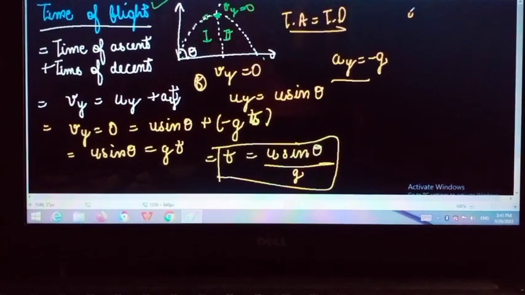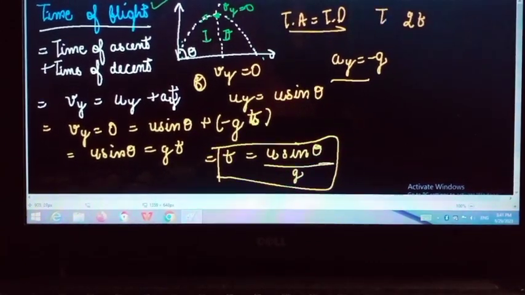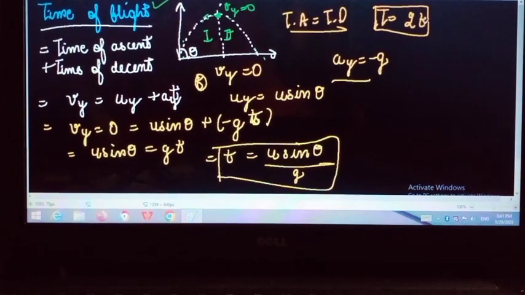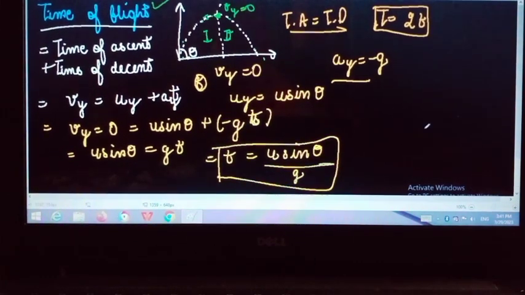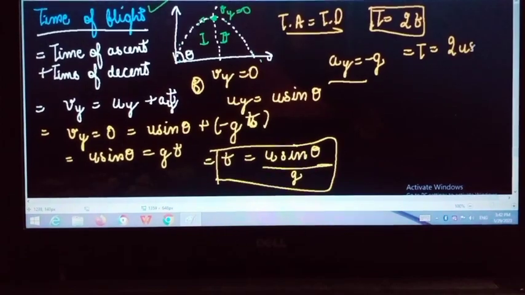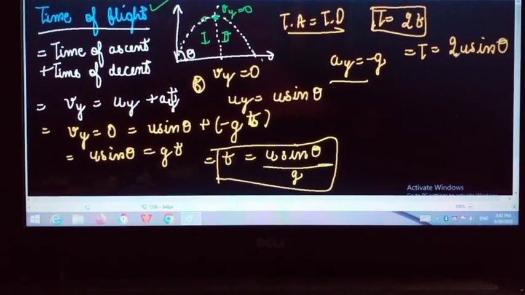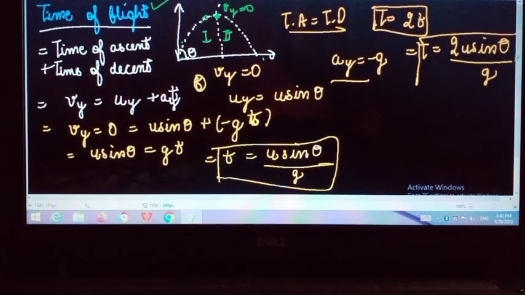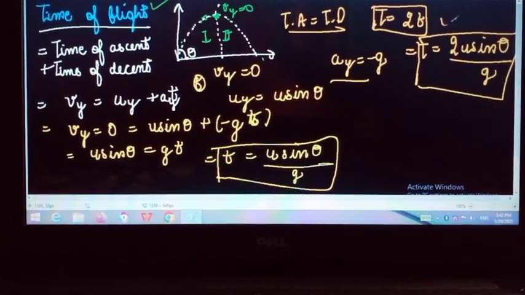As we know, 2t, which is 2 times the time of ascent or time of descent, is equal to the time of flight. So I multiply this whole equation by 2, and I get 2u sine theta upon g. This is the equation I wanted for the time of flight.